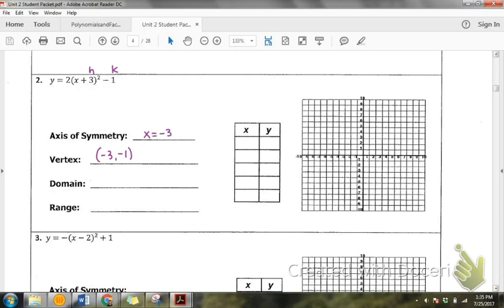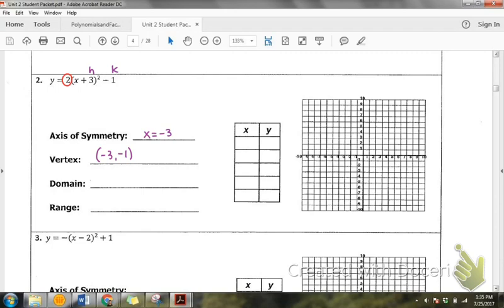Is this going to open up or down, Crystal? What do you think? Up. Why do you know that? Because the number is negative and therefore it's going to be a frowny face. What number is negative? Down. You're looking at which value to tell me whether it goes up or down. Oh, excuse me, I'm sorry, it's positive. The a value, which is 2, is positive.